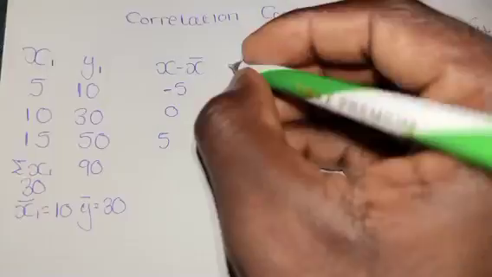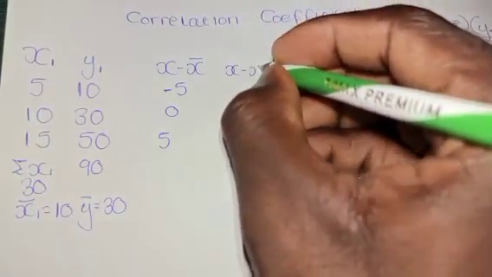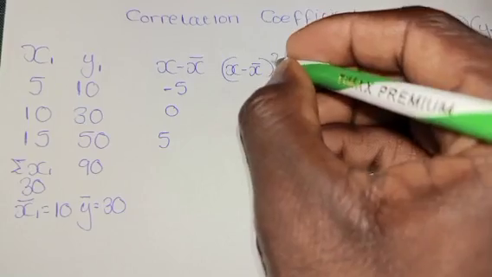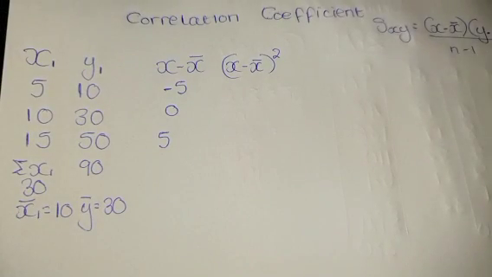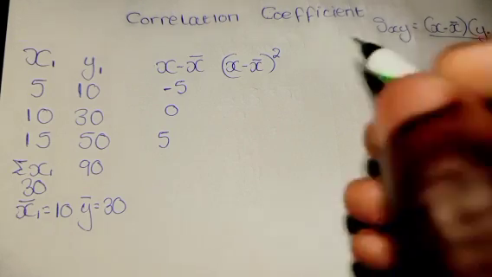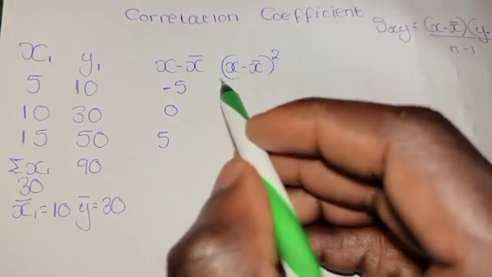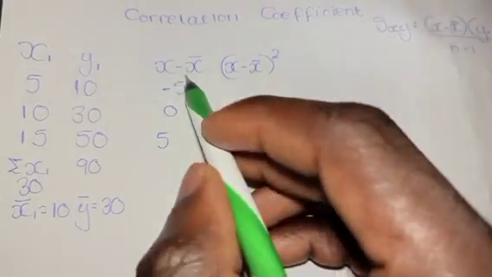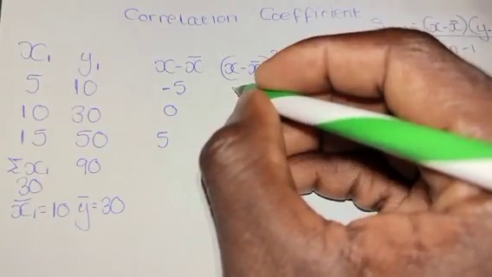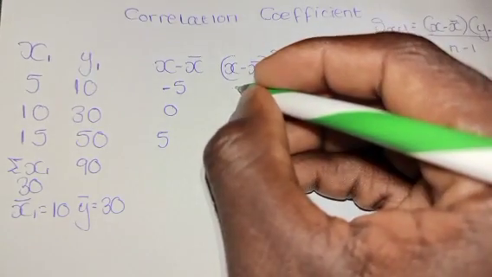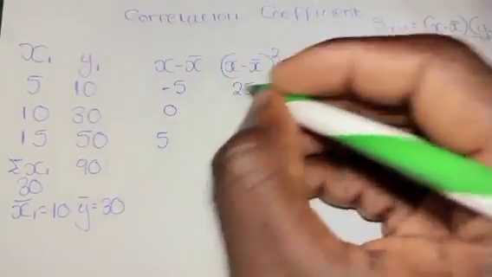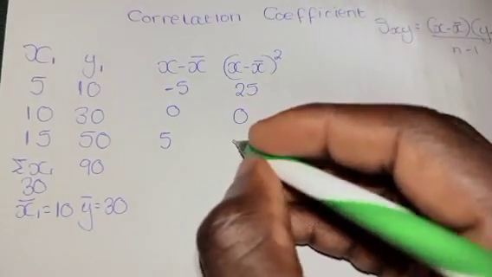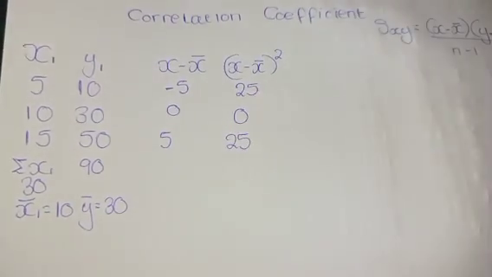And we have another column of x minus x mean squared, because we'll use the same data to calculate what is referred to as the Pearson product moment correlation coefficient. For us to get this, we need to square what we have. Negative 5 squared is 25, 0 squared is still 0, and 5 squared is 25.